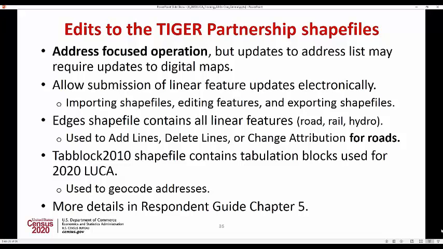Will there be a good way to tag road edges that we've changed the attribution on, so that you can identify which ones we've changed? So if a road name has changed, an existing edge that you've got, but we've changed the attribution on it? Yes, you would change it to like a C. Right. How will you identify that? I mean, just by comparing it to what you got when you get it back?